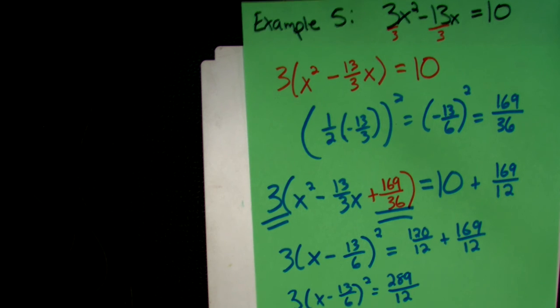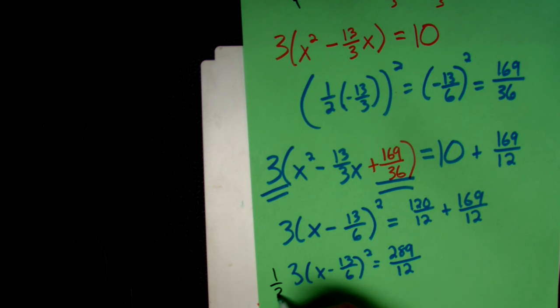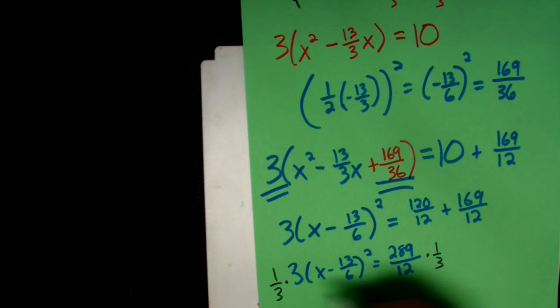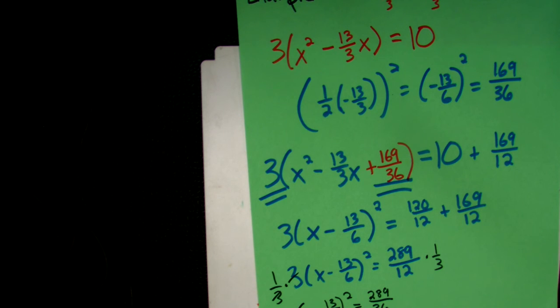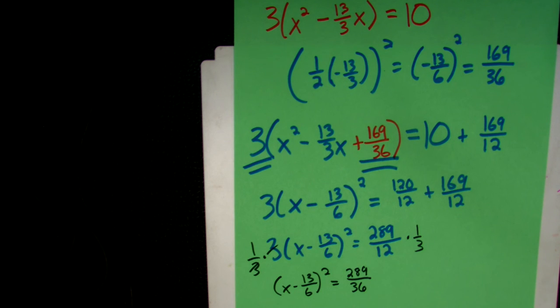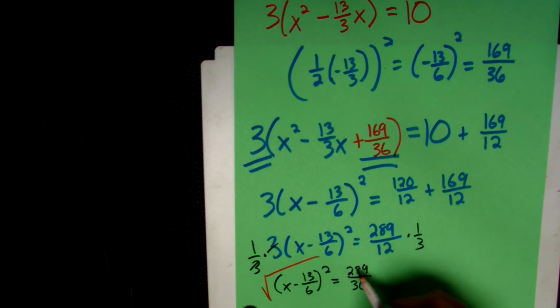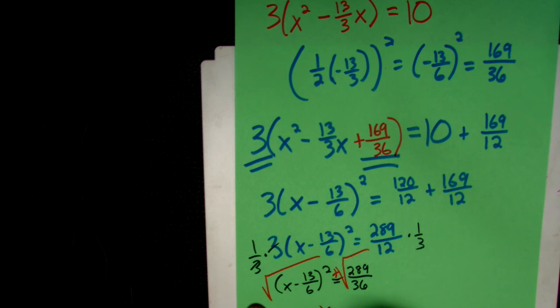Since I'm already dealing with fractions, one way to think of it, instead of dividing both sides by 3, I'm multiplying both sides by 1/3. Right? So then I get x minus 13 over 6 squared equals 289 over 36. All right, so now that I have something that looks like I can square root both sides, remember we get plus or minus when we square root.